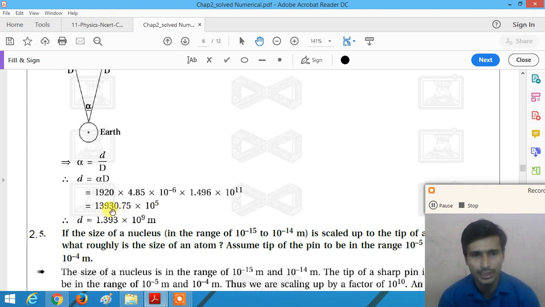If you move the decimal point 4 digits to the left-hand side, we increase the power by 4. So we get the answer: diameter of the sun d is equal to 1.393 into 10 raised to 9 meter. We can convert to kilometers also.